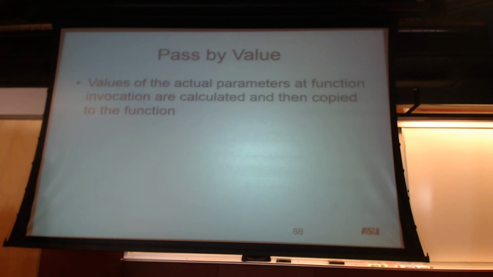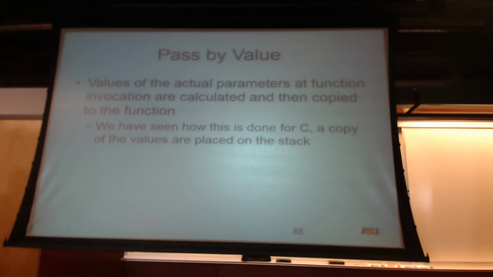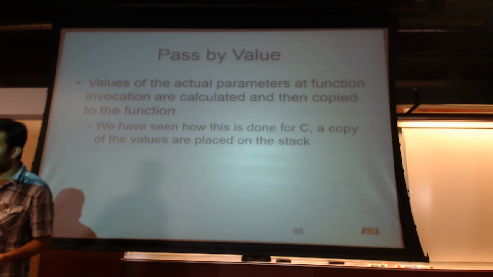So if you say 1, 2, then 1 and 2 are the values, and x1, x2 are the input arguments of the function. So C does that: just the copying of the values onto the stack. That is how we did it in the example we just saw, where we push the values onto the stack. That is pass by value.